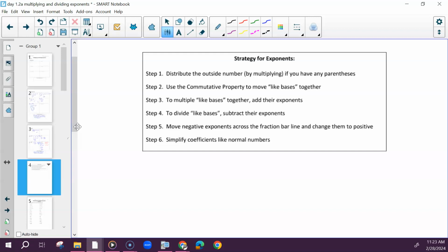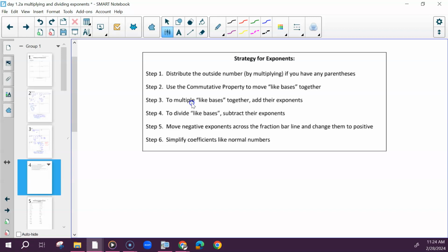If you see a number raised to another power, distribute or multiply that number to any exponents inside. If you would like to move like bases together, feel free to do that. If they're all multiplying, you can move like bases together. If you see like bases and they're being multiplied, add their exponents.